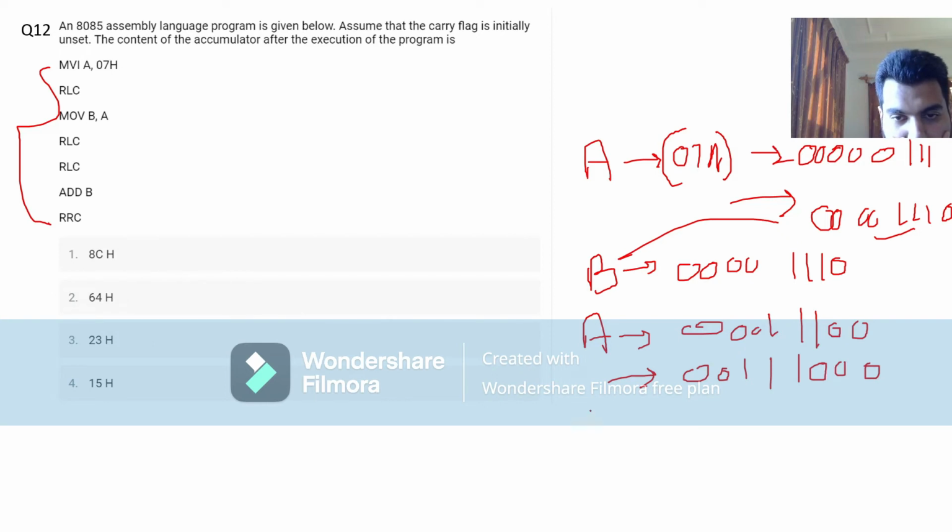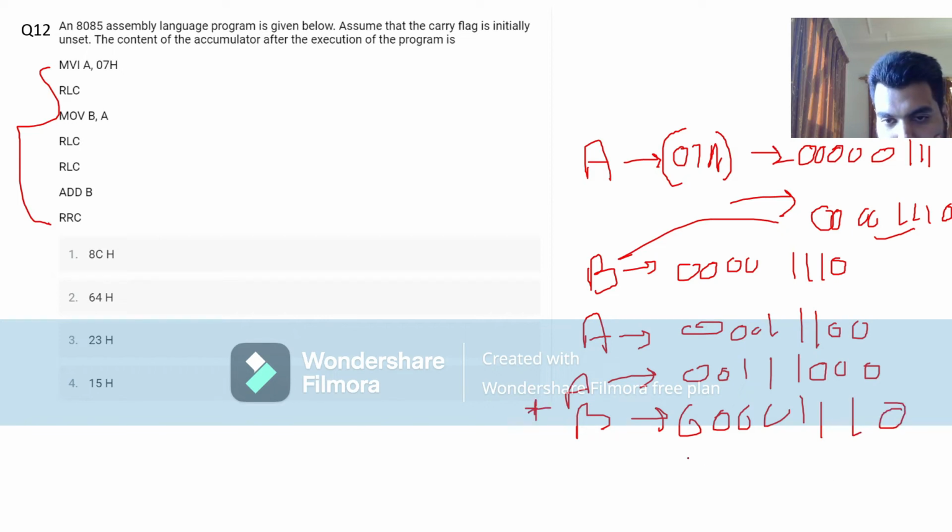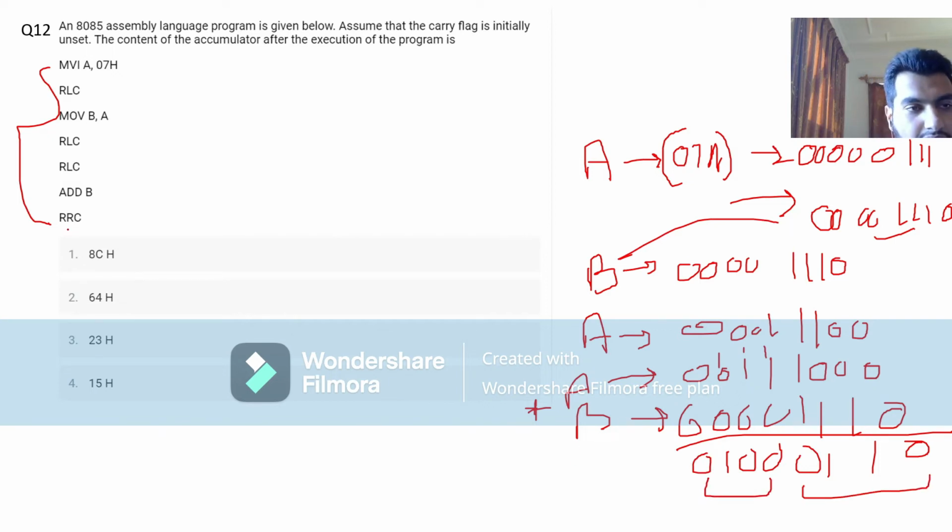Now we have the operation ADD B. So B gets added to the contents of the accumulator. B was 00001110. So these two are added: 0, 1, 1, 0, 1 plus 1 is 0, 1 plus 1 is 0, and so on, giving 01000110. Finally we have the right shift operation, so this will be shifted by 1, giving 00100011.